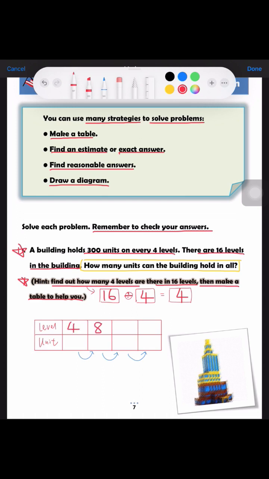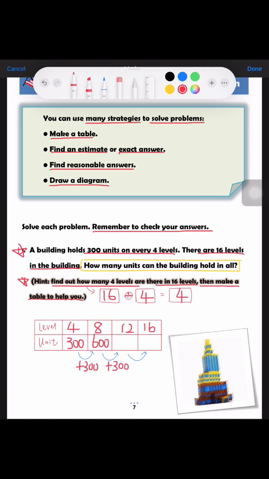Okay, in the table there are 2 rows. The first row is the number of levels and the second row is the number of units. So there are 300 units in 4 levels. So how about 8 levels? It will be 300 plus 300, which is 600.